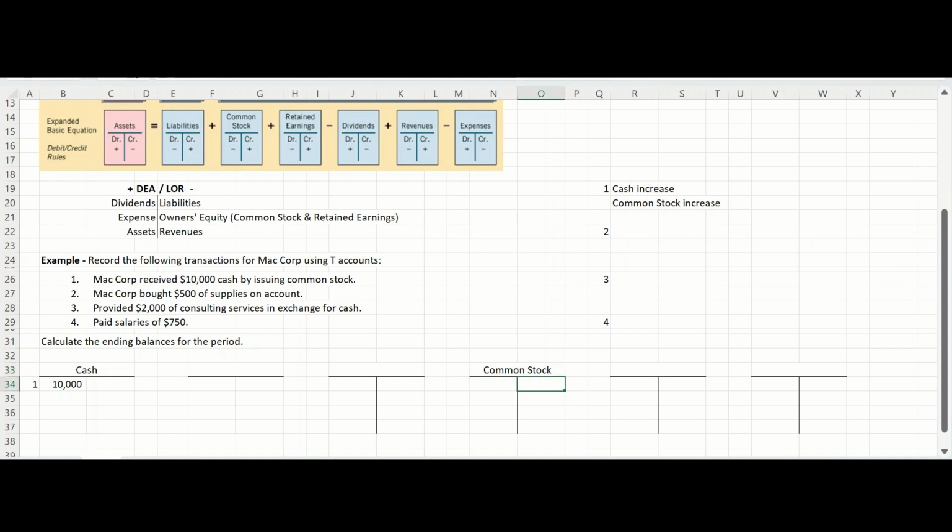Common stock account is increasing by $10,000, so that will be a credit to that account. And again, that is related to number 1. All right, so we have a debit of $10,000 and a credit of $10,000. We have a balanced equation.